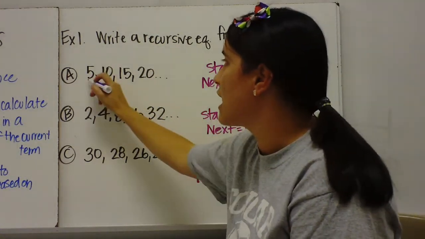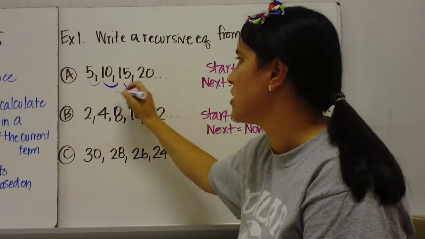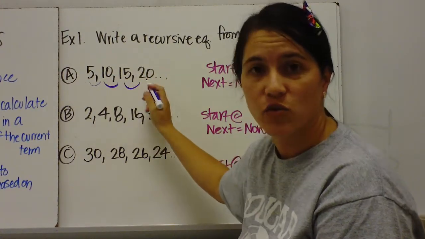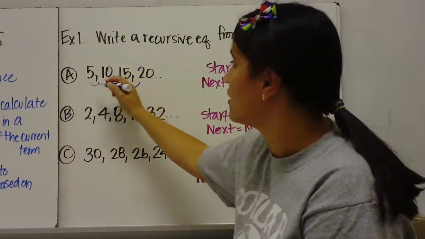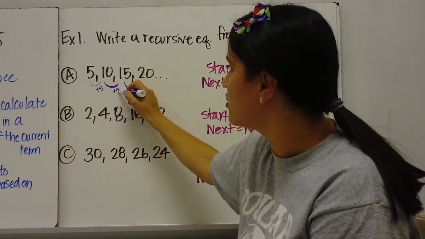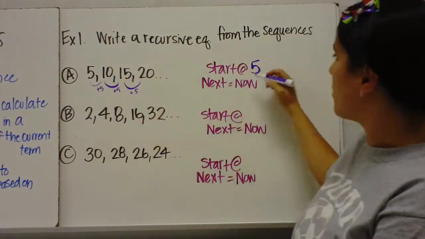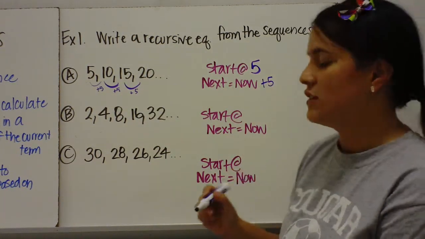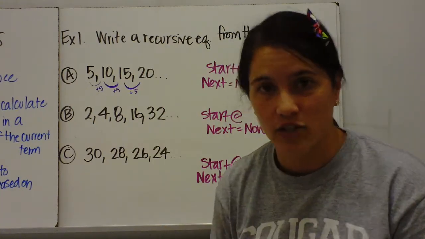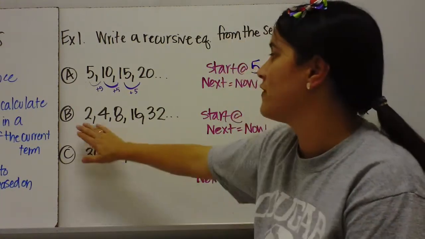So how are you getting the next term in each sequence? 5, 10, 15, 20. The next one would be 25. The next one would be 30. And you can see it's plus 5 each time. So it would be next equals now plus 5. That is a recursive equation. Next equals now plus 5.